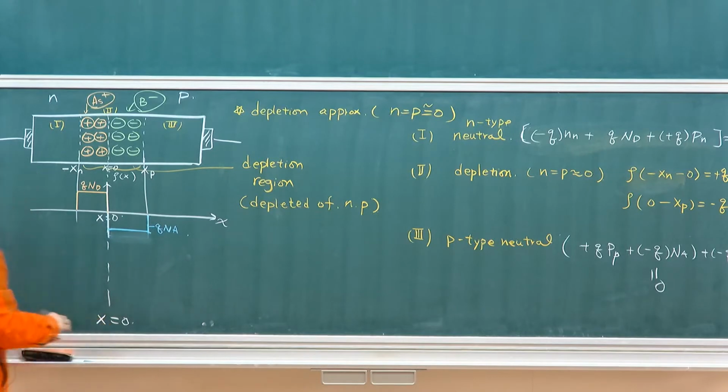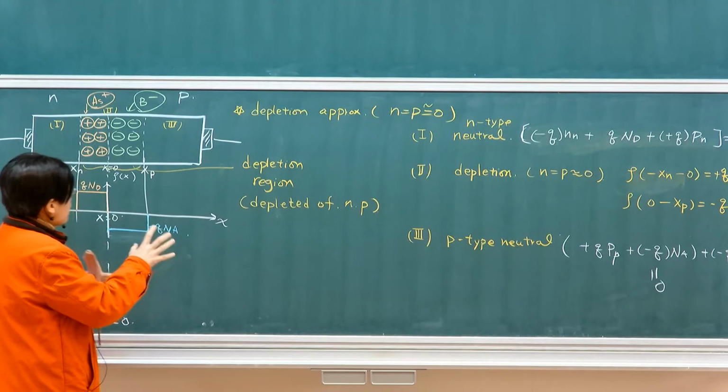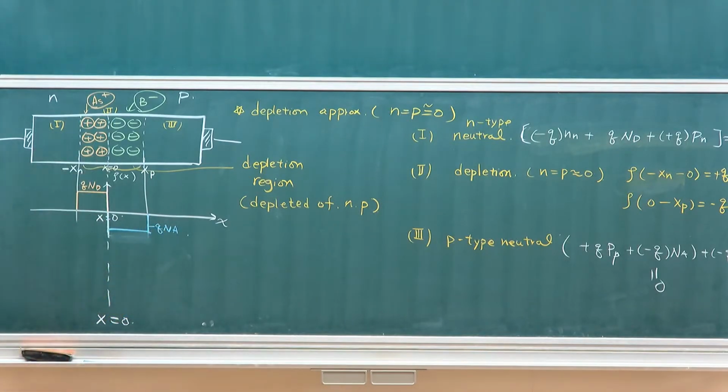In this plot, if my Nd is higher than Na, even though there's a depletion region at this particular border, the whole thing should be charge neutral. If I wrap the whole junction up, the net charge should be 0.